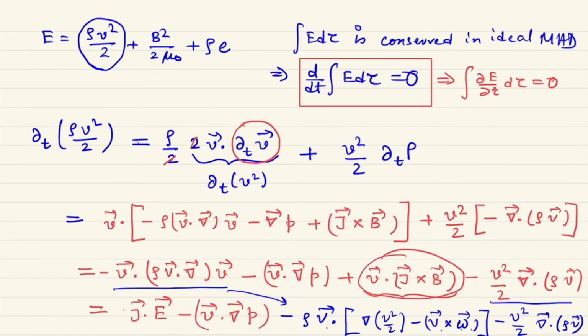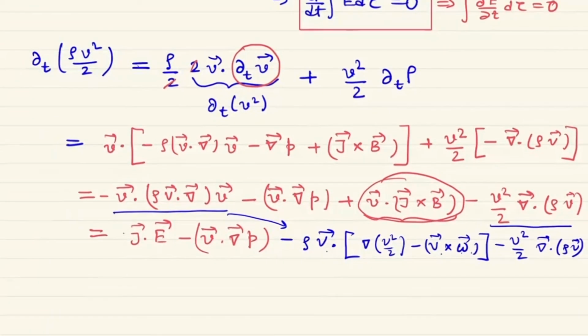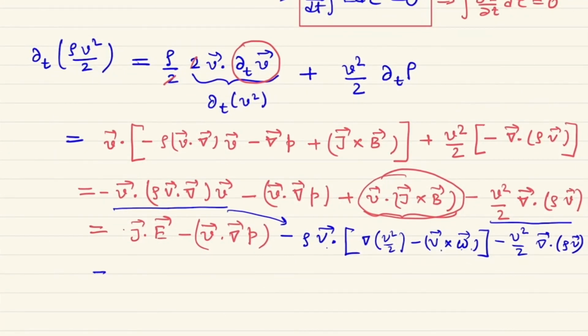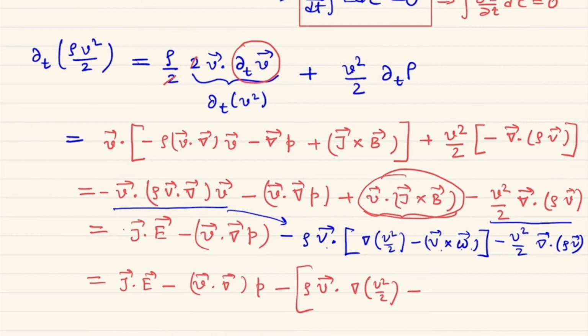Okay, so we finally have this is equal to j dot e minus v dot gradient of p minus, so rho v dot gradient of v square by 2, okay, I am just taking everything inside the bracket, plus v square by 2 divergence of rho v.